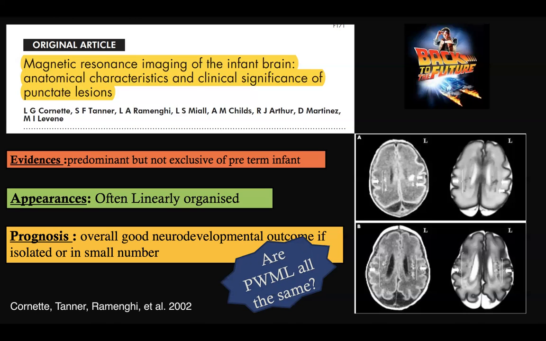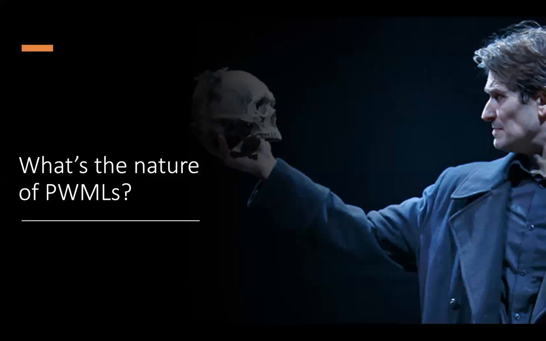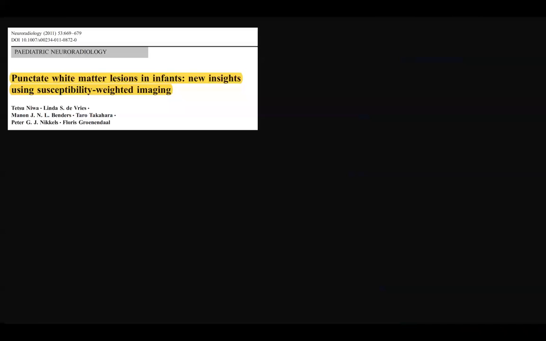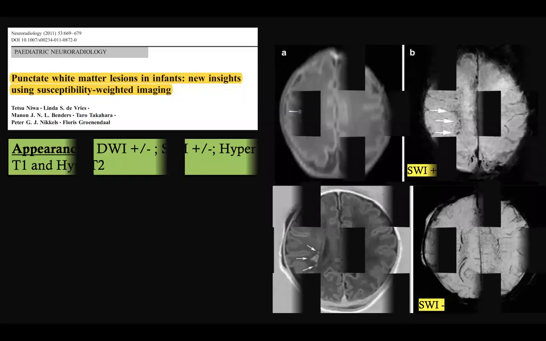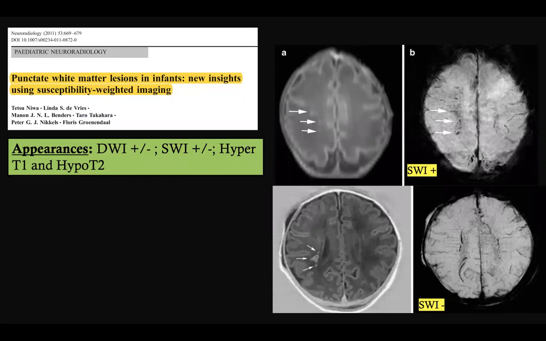Are all punctate white matter lesions the same? So what's the nature of the punctate white matter lesion? This is a much more difficult question to answer, but it's very interesting. So again, let's go to the literature. This paper back in 2011 showed that again they can have susceptibility or they can have restriction, but these are not constant findings.